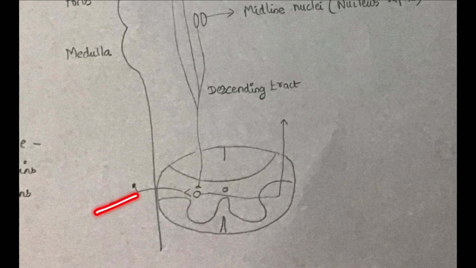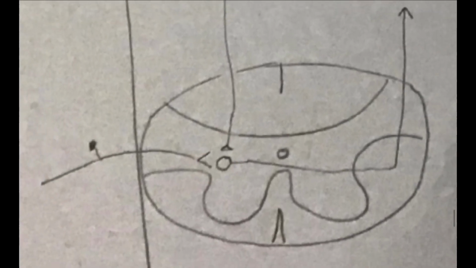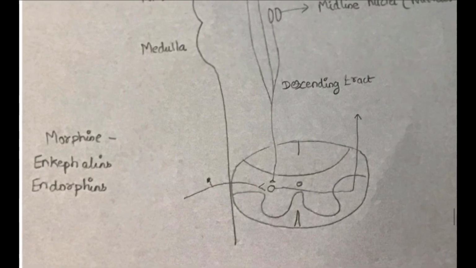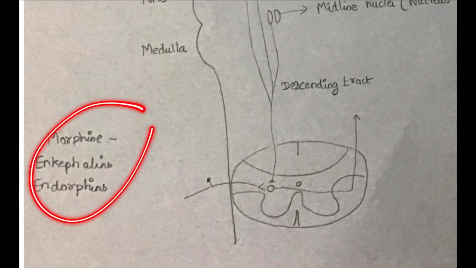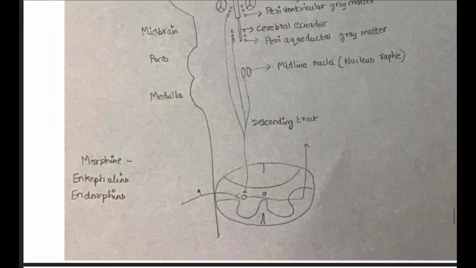Here is the pain fiber and the second order neuron, and it goes to the pain fiber and it produces chemical substances such as enkephalins and endorphins. These are morphines. You know, morphine reduces the pain. That's why in hospital, if you have a high pain, the doctors will give you morphine to decrease the pain.